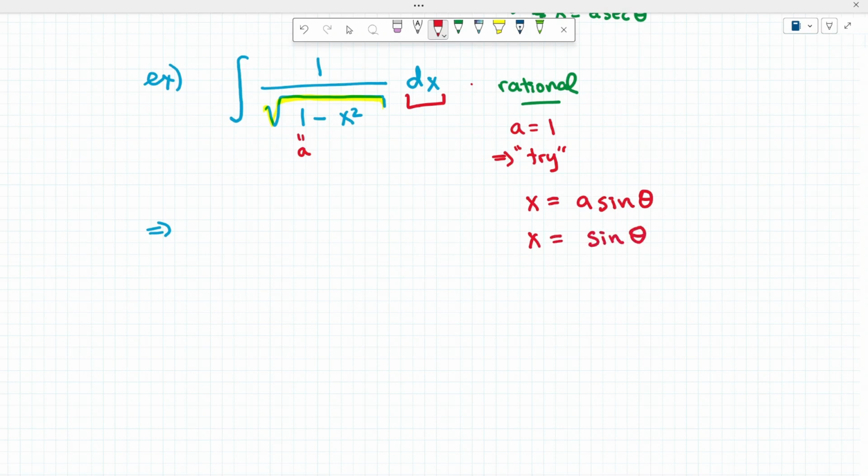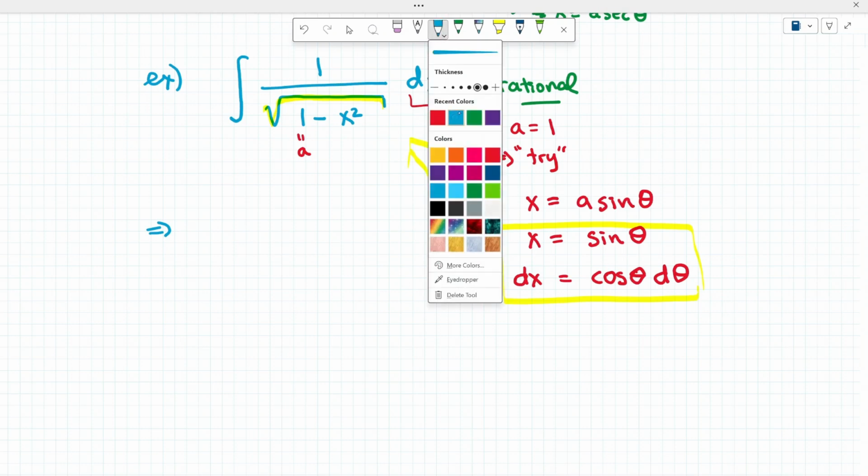And now we have to remember our dx over here. So if we take the derivative of x, which is equal to sine theta, then that means that we have cos theta d theta. Perfect. So now we can use these two terms for x and dx and substitute them into our integral so that we can now solve it.